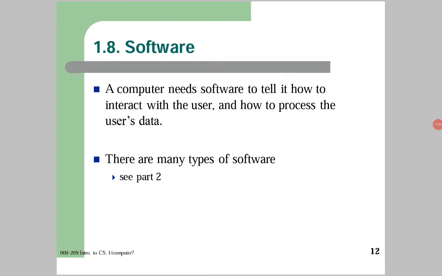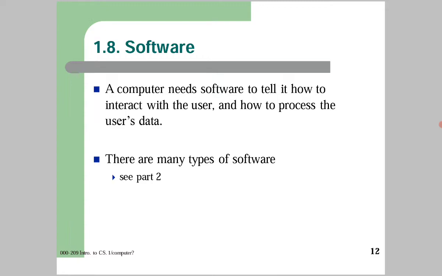So another term is software. So the computer has two components, hardware and software. The computer needs software to tell it how to interact with the user and how to process the user's data. So what is a software? A software is nothing but a collection of programs or a collection of applications or tools used to do some work or some operation on a computer.